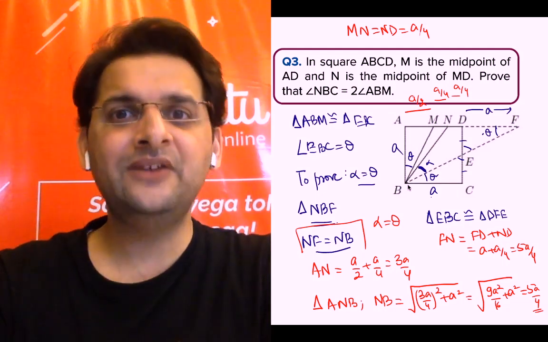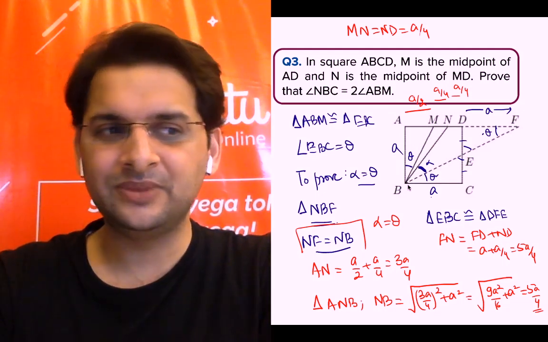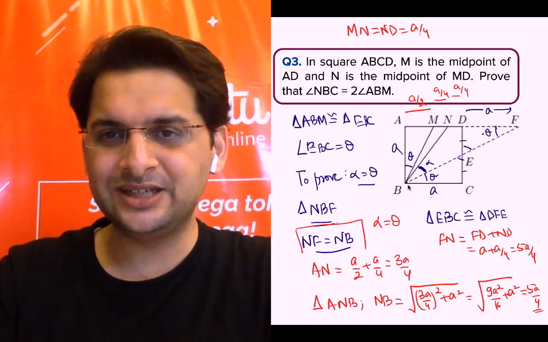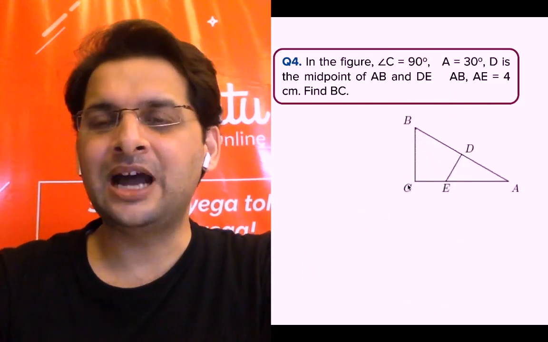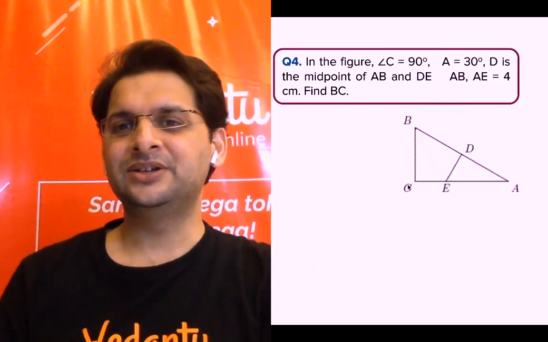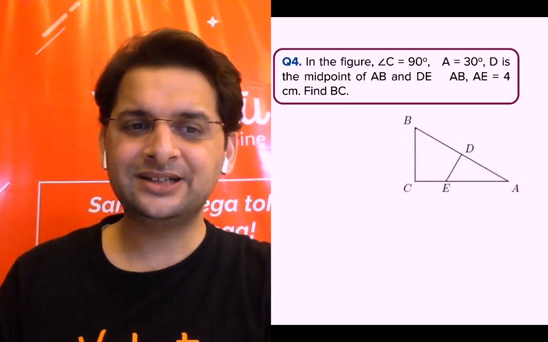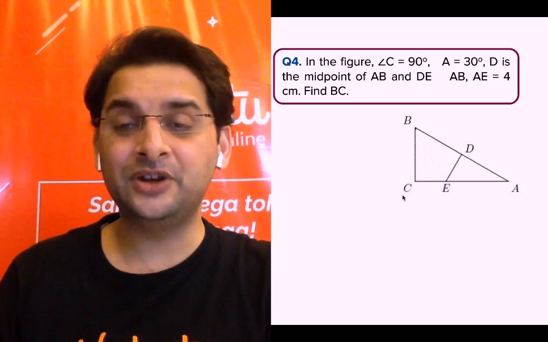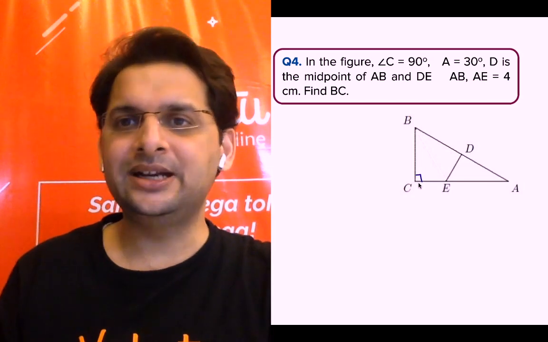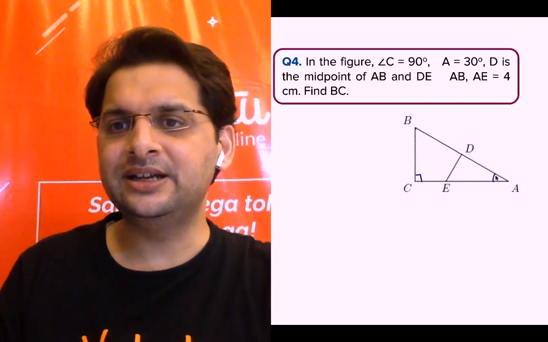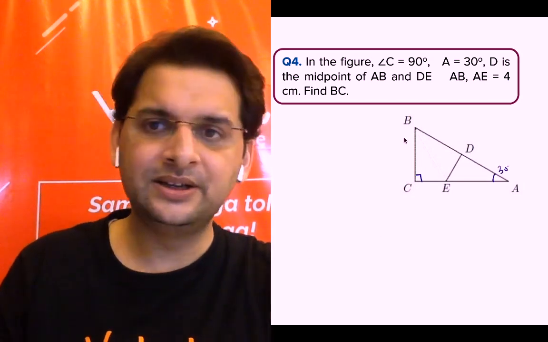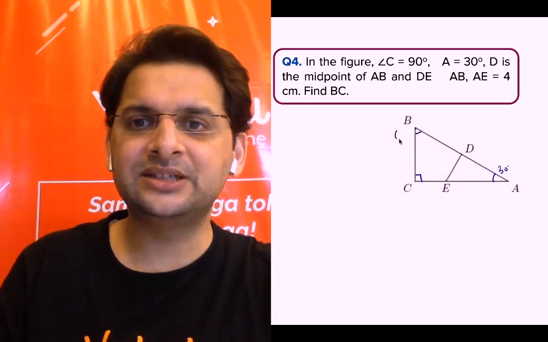All right. So, if we have understood question number 3, let us do the fourth question of the applications of Pythagoras. Again, this is a tricky one. Let us try and see if you're able to do this. Angle C is 90 degrees, A is 30 degrees, so this will be 60 degrees.